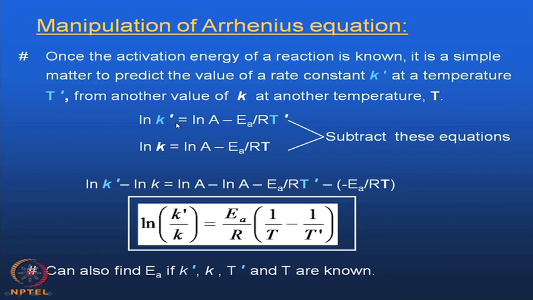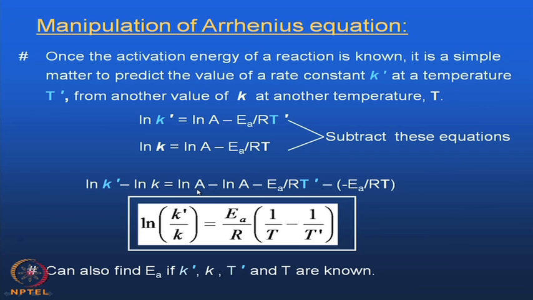So ln K primed is equal to ln A minus EA by R T primed. EA is known, and here you have ln K, which is known; ln A you may not need to know, and EA by RT, T is also known. Then you just subtract these two, that means this minus this is equal to this minus that. In that case ln A will just cancel. Okay.